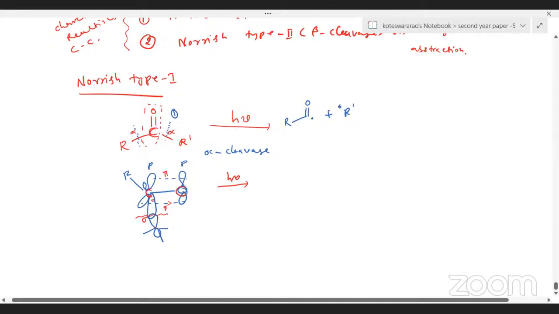At the same time, it undergoes homolytic cleavage. This bond pair is equally shared in the sigma bond.